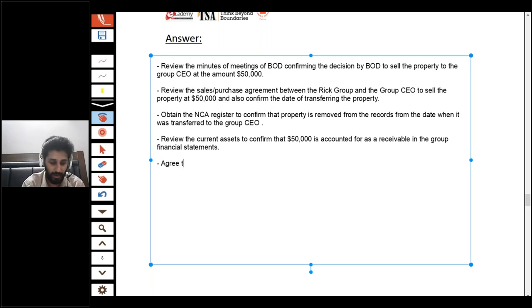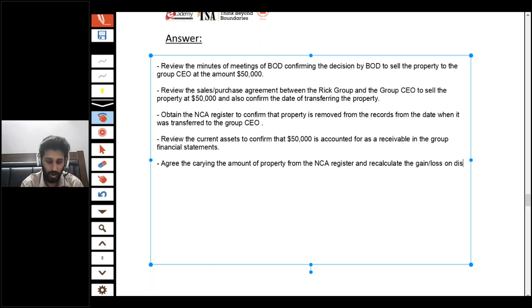So I will first agree the carrying amount of property from the NCA register, and recalculate the gain/loss on disposal by comparing with $50,000, and ensure it is recognized as other income in the profit and loss.